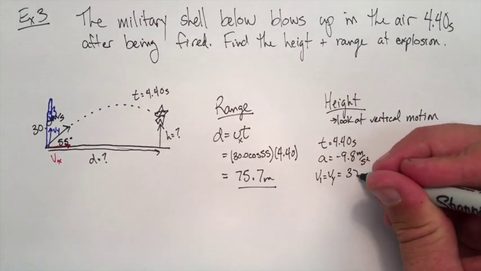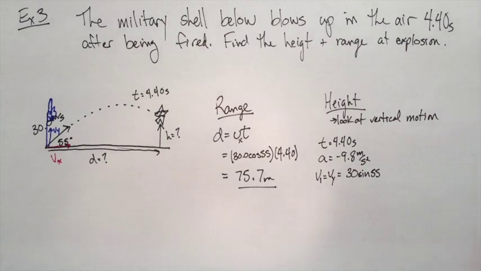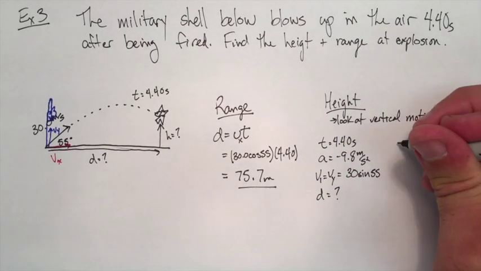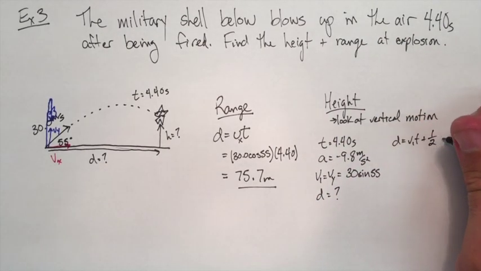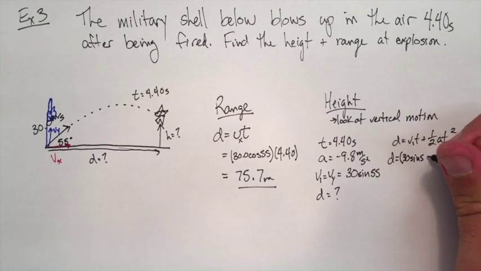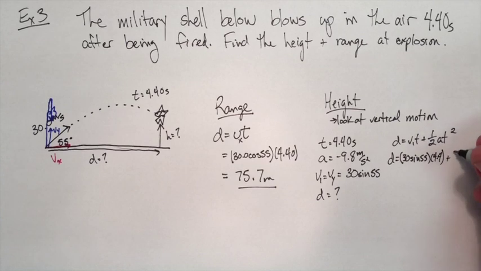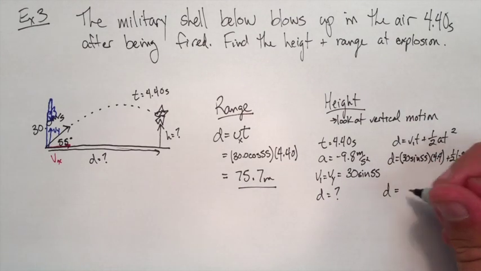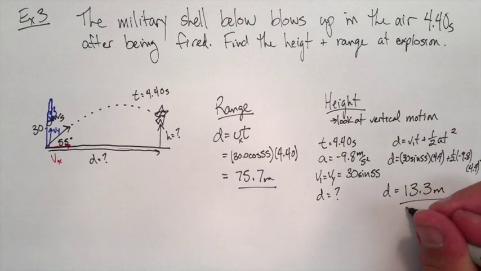The velocity is going to be the y component, so 30 sine 55. We're going to look for how far in the air it's going to be. Let's use this equation. So we're going to add in what we know. And what we find is we get a final distance of 13.3 meters.